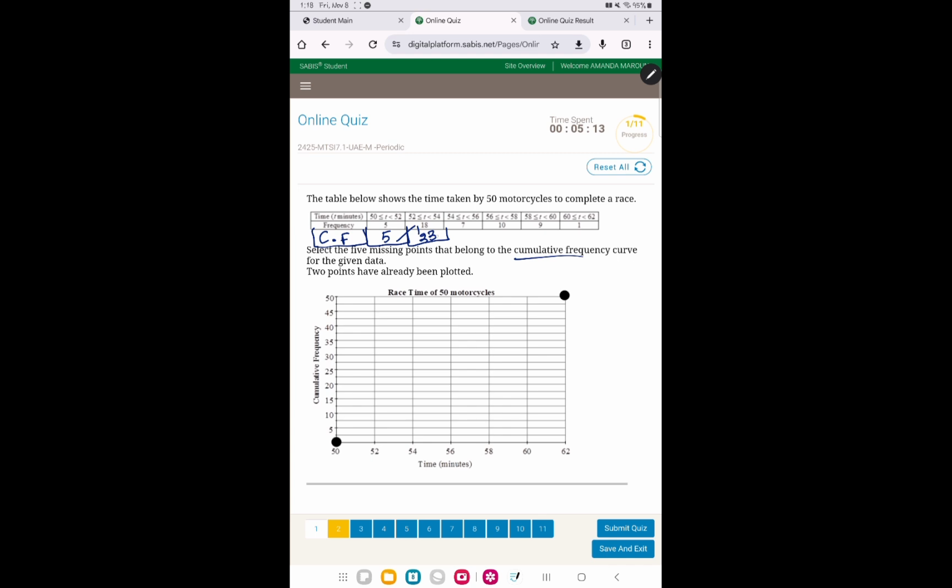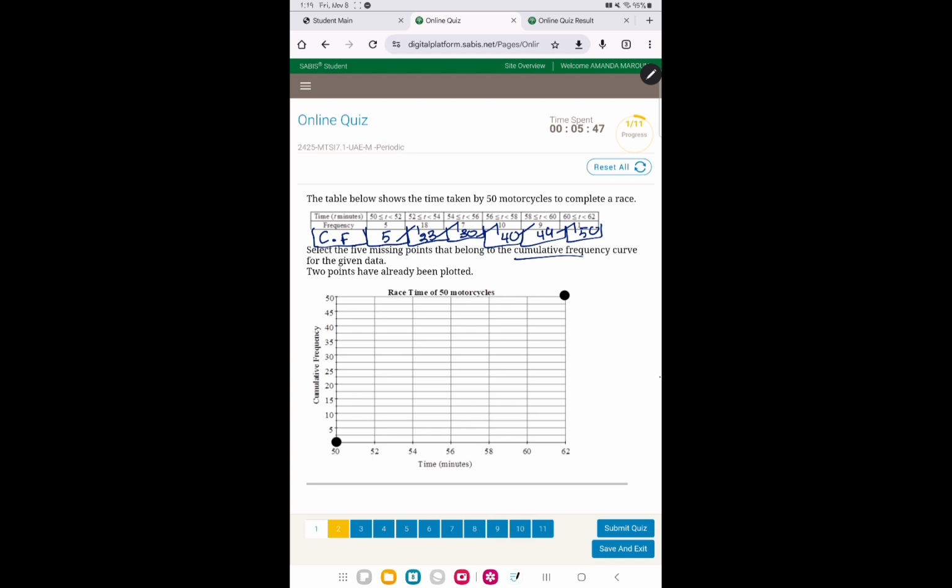Then next, 23 plus 7, you're going to get 30. Then 30 plus 10, you are going to get 40. Then 40 plus 9, you are going to get 49. And finally, 49 plus 1, you are going to get 50.